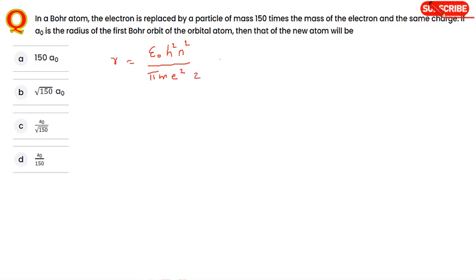From this, R is mainly proportional to 1 divided by m. Only the mass is going to change. So R1 for the first electron radius, R1 by R2, is proportional to 1 divided by m1 and 1 divided by m2.